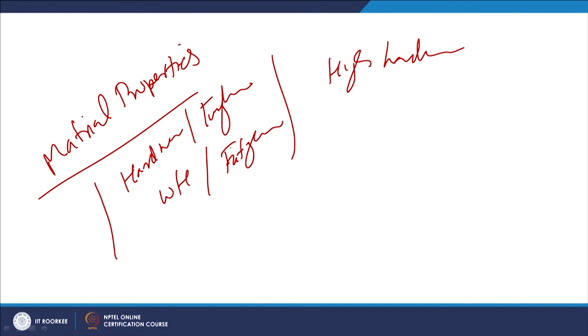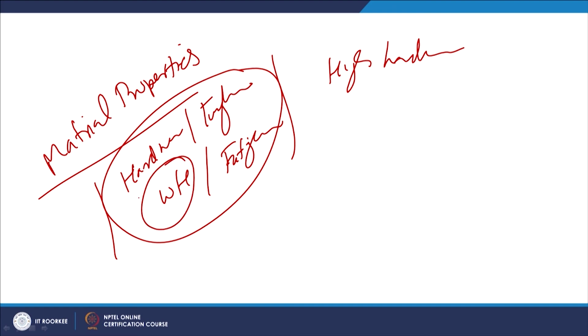If a material has these characteristics, then in general under normal conditions of erosion, it will offer very good erosive wear resistance. But since many of these are contradicting properties, as per the actual situation we need to see whether the hardness of the surface has to be increased or we need a very tough surface. In any case, increased work hardening behavior will resist the erosion of the material, and increased fatigue resistance will also resist the erosion of the material.